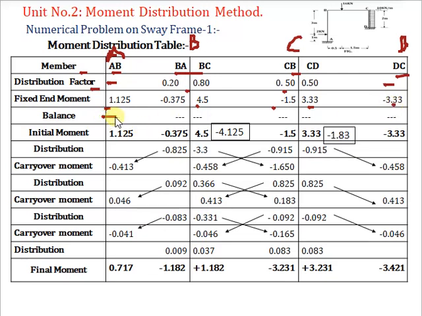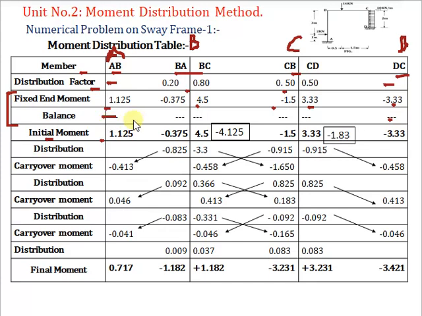Now do the balancing. The end joints have a fixed support, so there is no need of balancing. Next step is initial moment calculation. Initial moment means addition of fixed moment and balance moment.